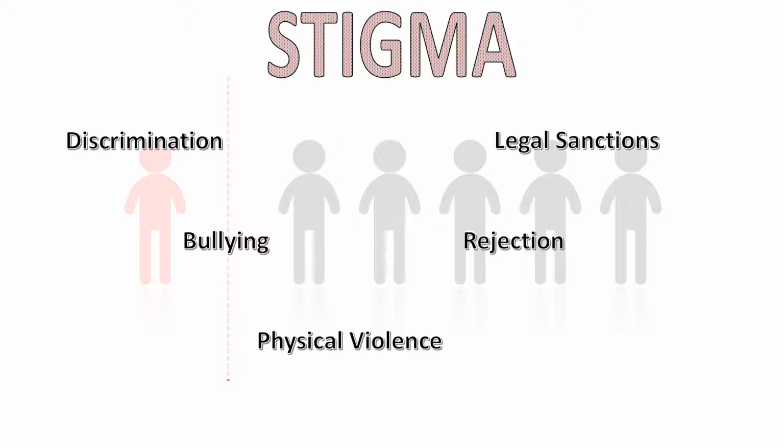And so that results in things like homophobia, discrimination, bullying, physical violence. They're rejected by their family and friends. There are actual legal sanctions, laws against LGBT people, and all these things that LGBT people have to experience in life, the discrimination and the rejection and the possible physical violence, all of these things have serious consequences.